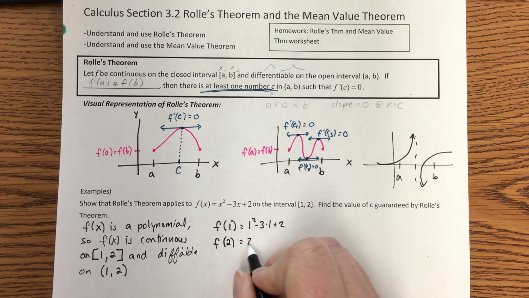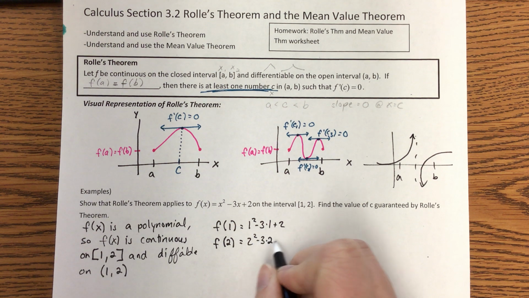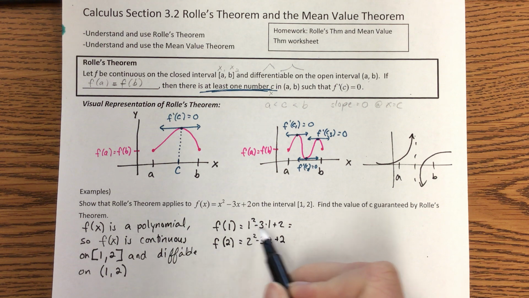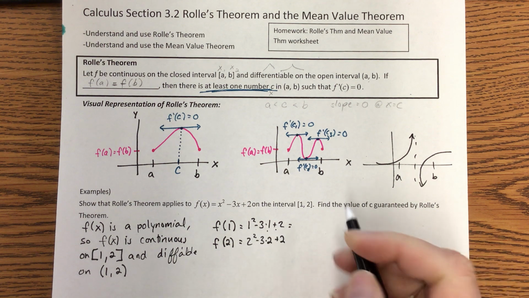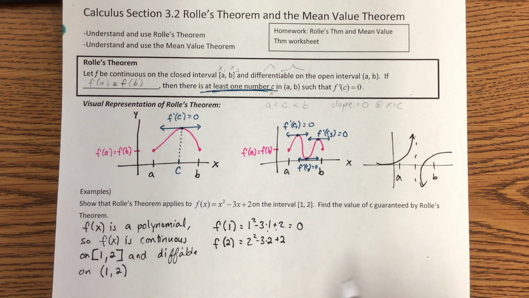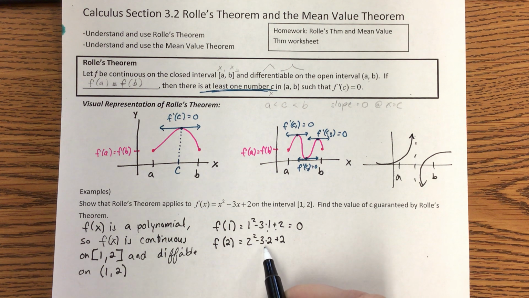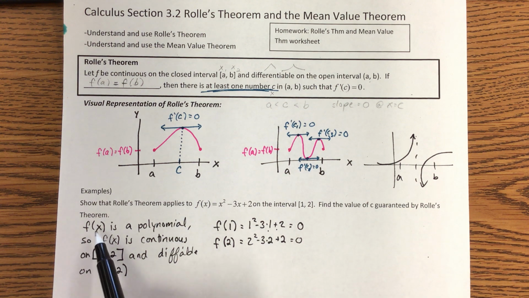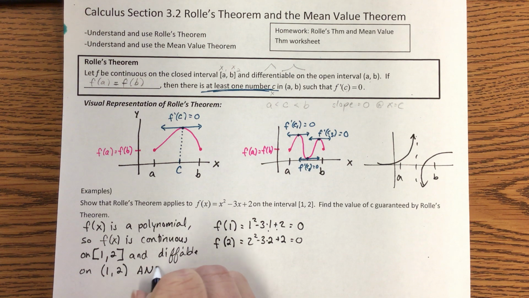F of 2 is 2 squared minus 3 times 2 plus 2. 4 minus 6 plus 2 is also 0. Awesome. So because f of x is continuous and differentiable and f of 1 equals f of 2, Rolle's theorem applies.